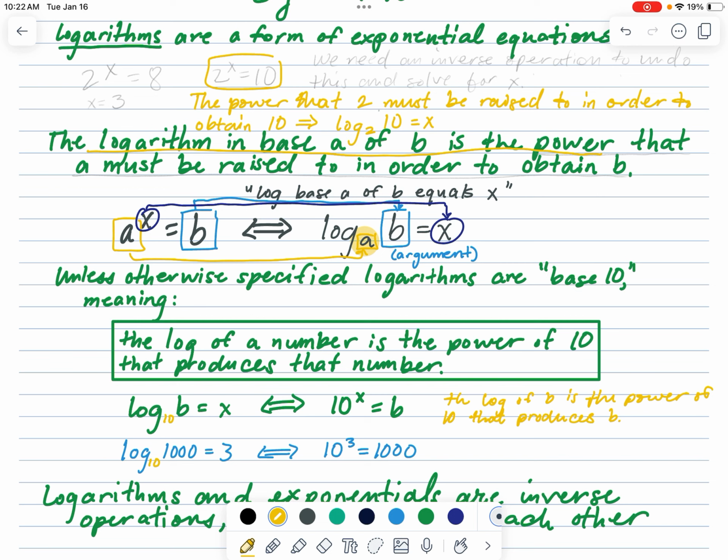And so we could directly translate this second example, the blue, where that 10 becomes the base of our exponent, because it was the base of the log. The argument of the log is the answer to the exponent. The answer to the log is the exponent itself.